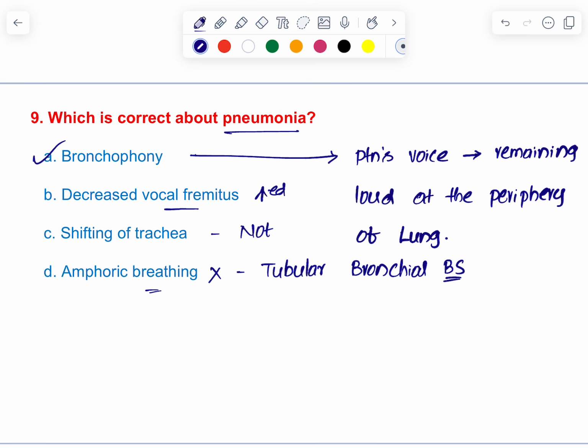That is what is called bronchophony. In bronchophony, the sound is louder than usual.